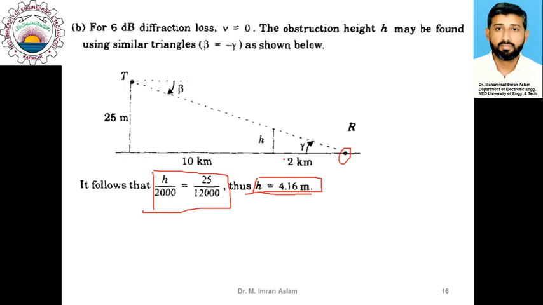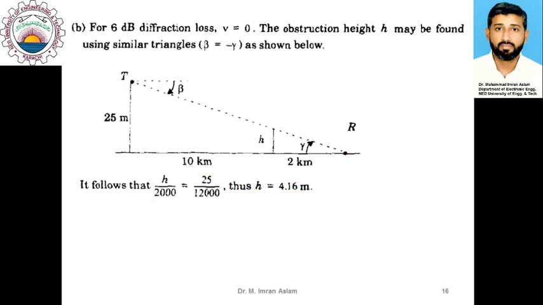So this was the problem related to calculation of the knife edge diffraction parameter. With this I would conclude our topic here, and let me quickly summarize important points related to knife edge diffraction.